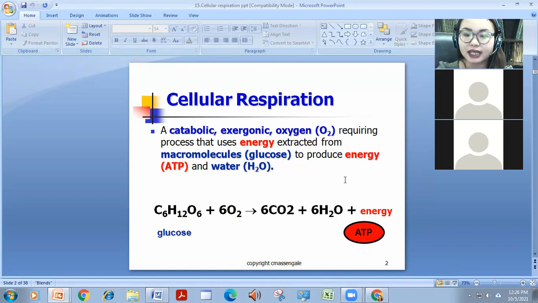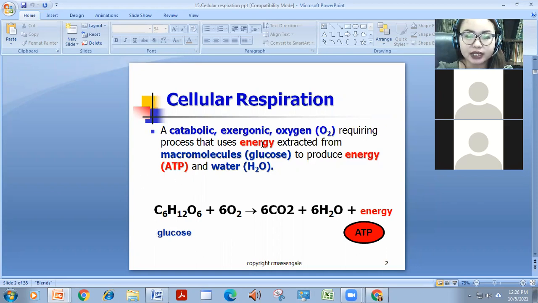So this is actually comprised of an equation that is opposite to photosynthesis. If you remember, photosynthesis, with the presence of carbon dioxide, water, and sunlight, produces glucose with the release of oxygen.